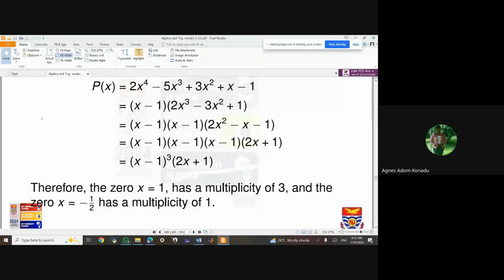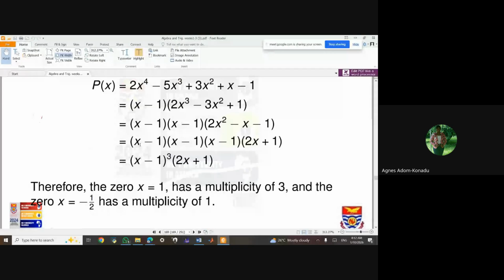So this means that you can see x minus 1, x minus 1, x minus 1, and then 2x plus 1. The factor x minus 1 appears 3 times, so you can write it as x minus 1 to the power 3 times 2x plus 1.